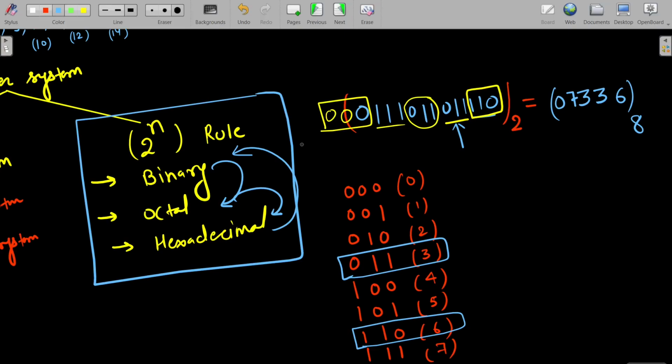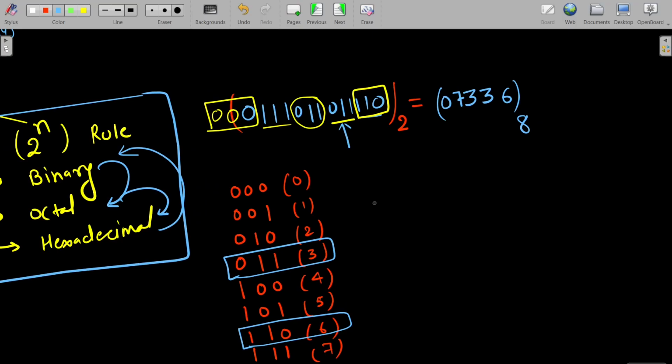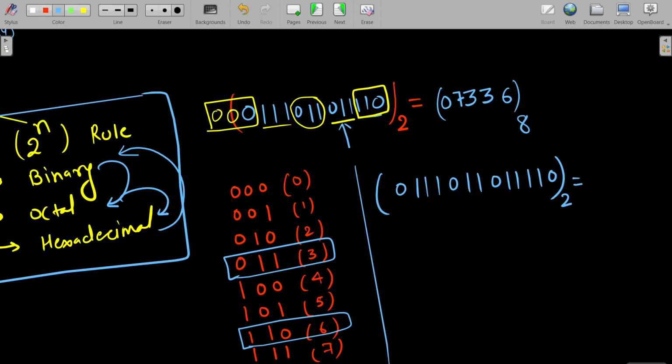Similarly, if you want to write it in the hexadecimal number system, suppose I'm taking the same number 0 1 1 0 1 1 0 1 1 1 1 0. This is in base 2. I want to write it in the hexadecimal number system. Again, the concept is the same. You have to start grouping 4 bits.